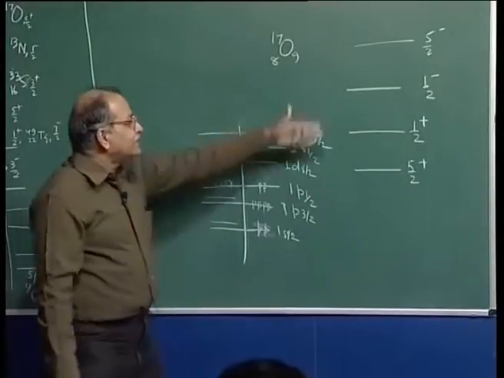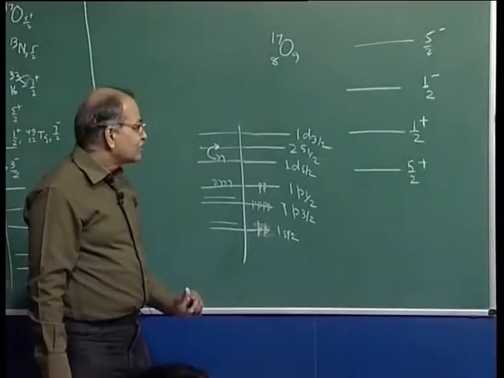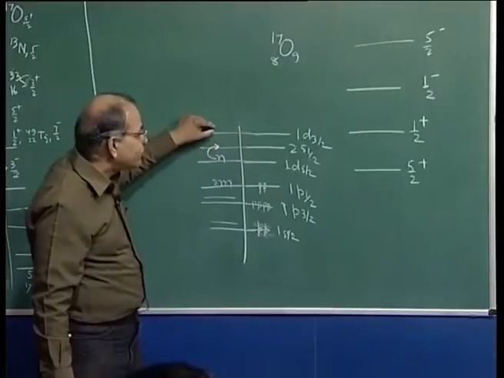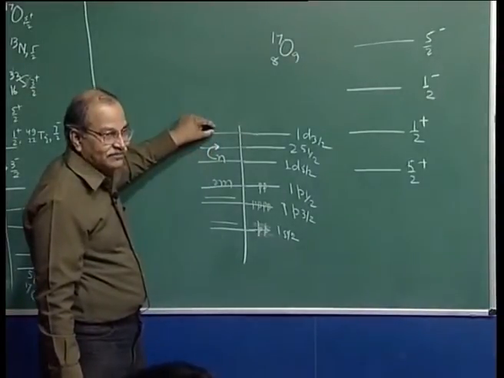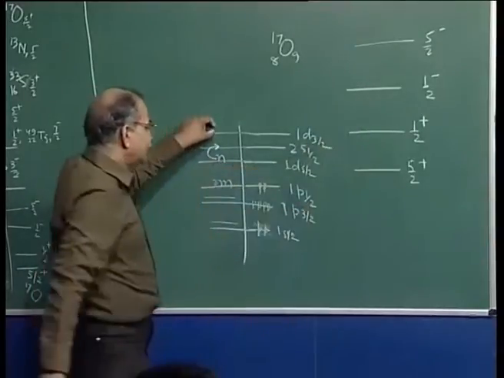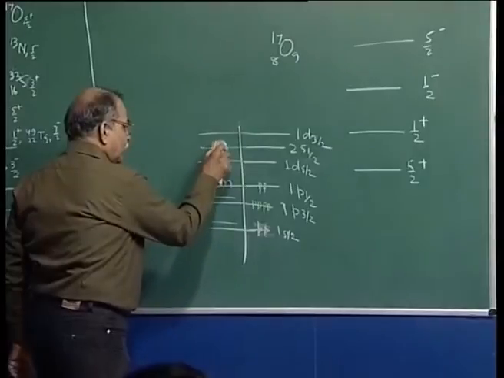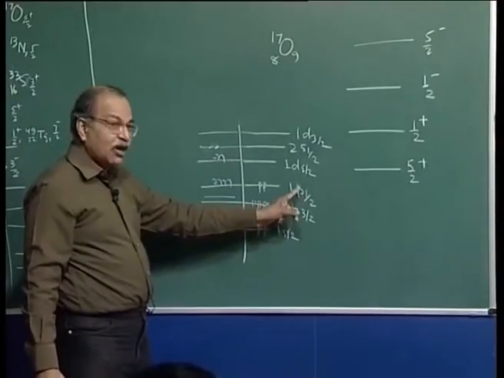How can I get this second excited state 1/2 minus? Next one is 3/2. If this neutron from here goes here, it should be 3/2 plus. It is not, it is 1/2 minus. The same story.